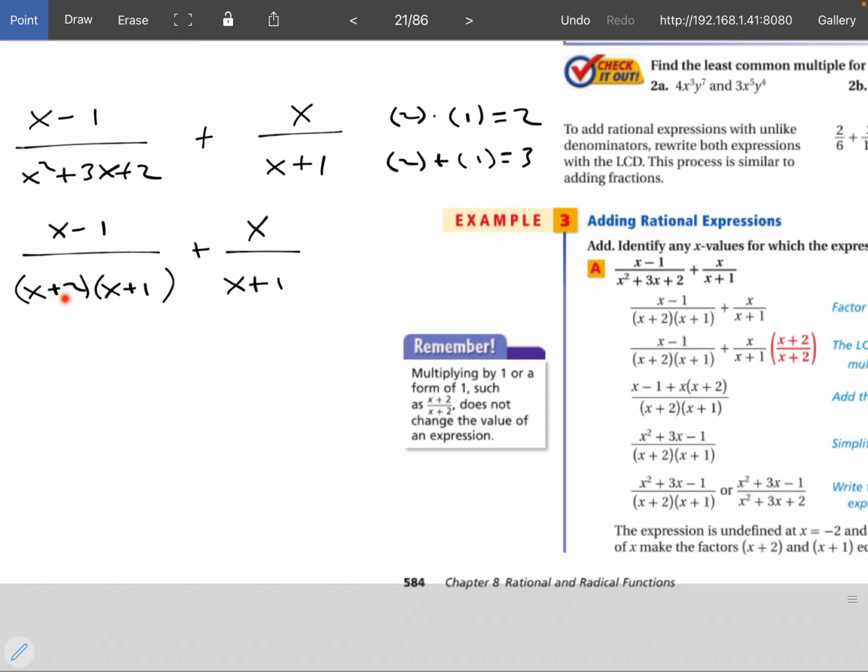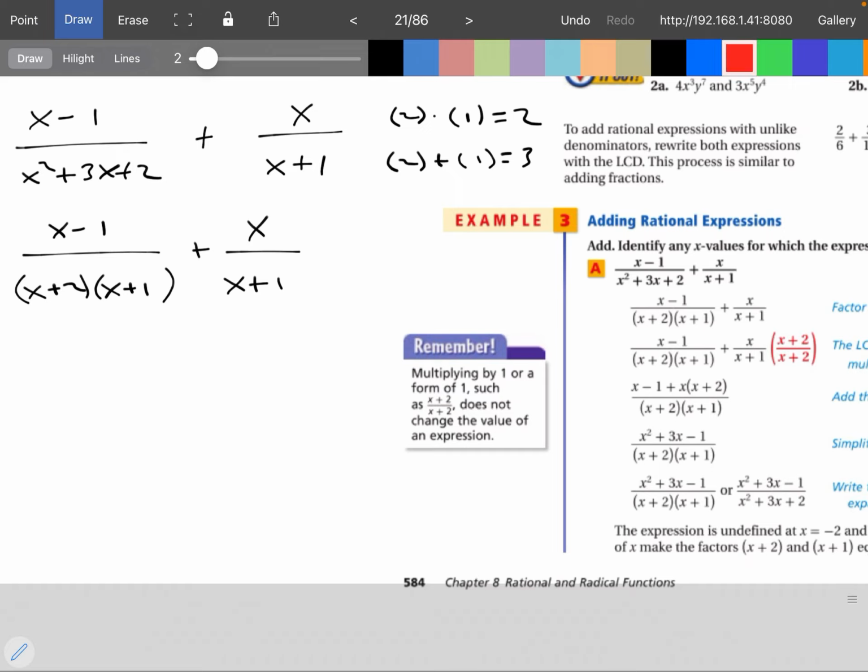It's missing the quantity x plus 2, right? Both denominators already have the quantity x plus 1. So this one on the right here is just missing that quantity x plus 2. So that means all we got to do is multiply this fraction on the right by x plus 2 over x plus 2.